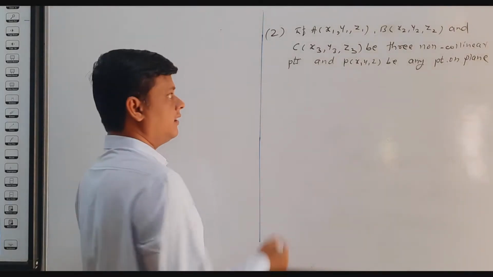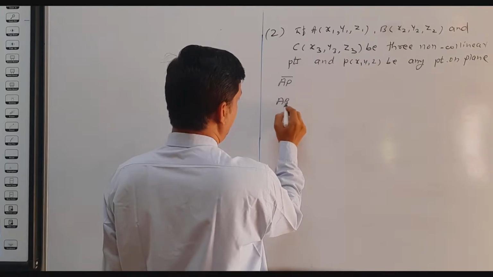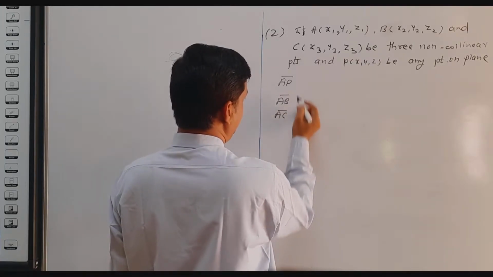Then we find the vector AP, vector AB, vector AC.